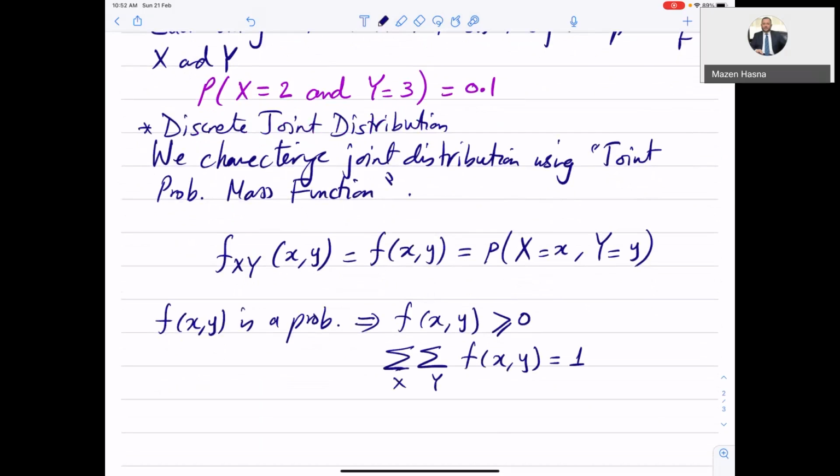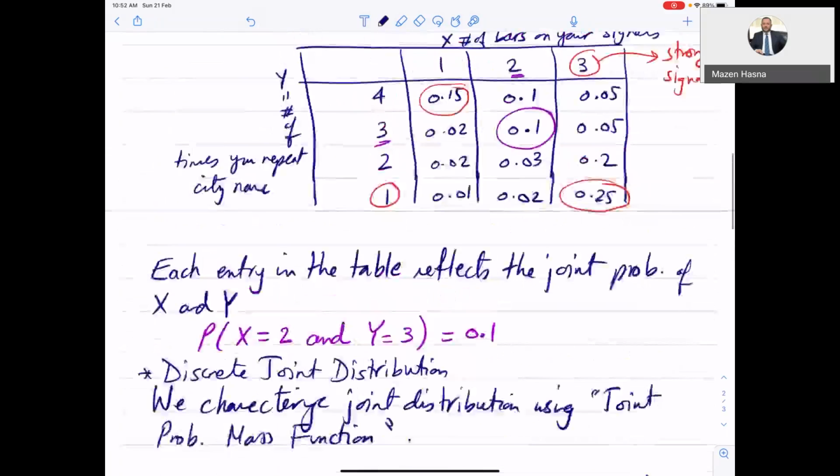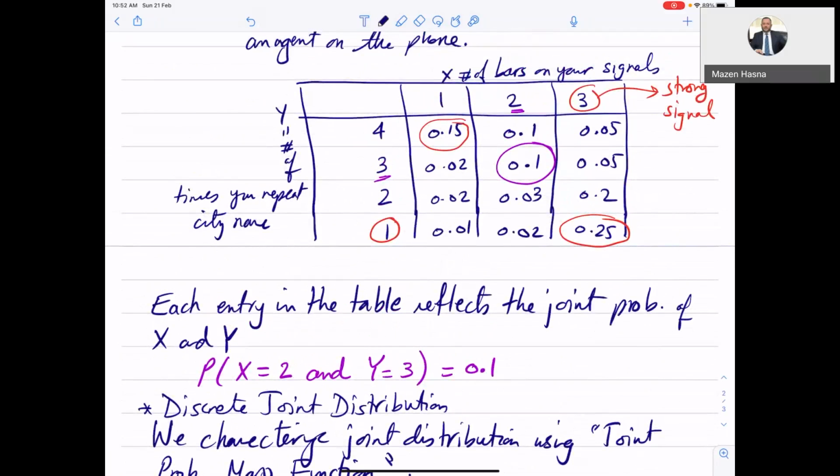So let's check this example, if this is a valid f of x and y. If we sum all the probabilities in the table, they should add to 1. So 0.25, 0.45, 0.5, 0.55, 0.65, 0.75, 0.8, 0.95, 1. So yes, this is a valid probability distribution because they are all greater than or equal to 0, and the summation is 1.